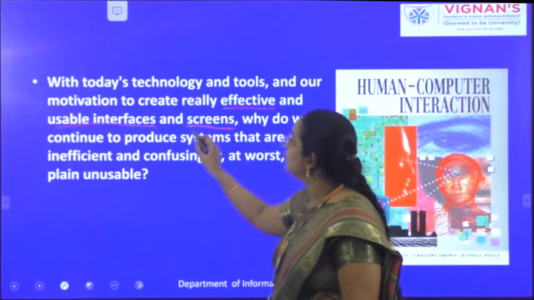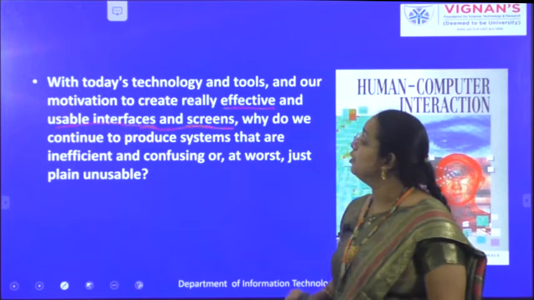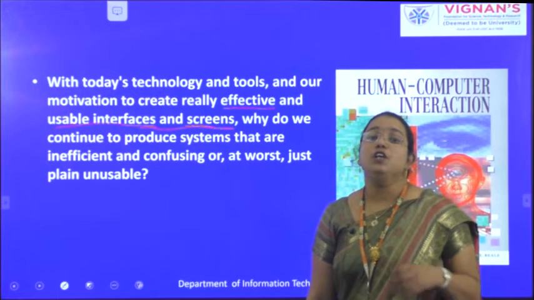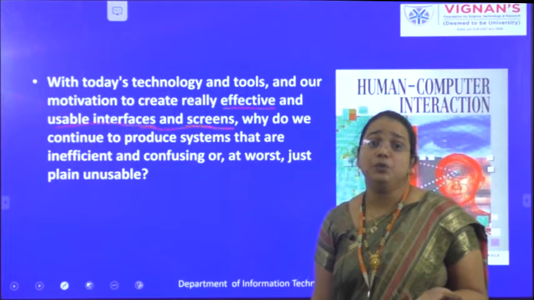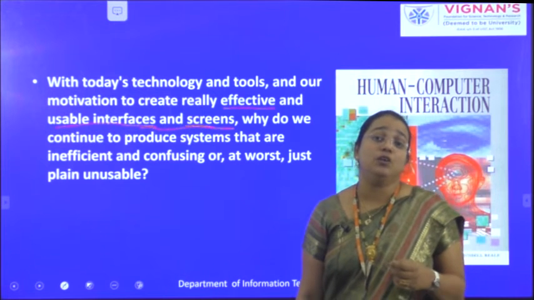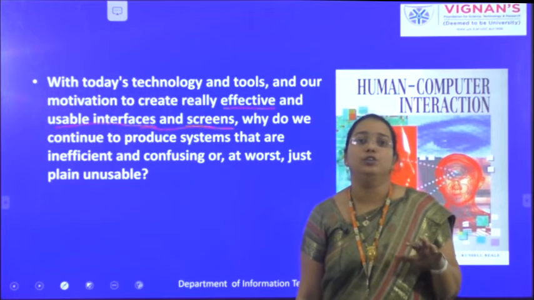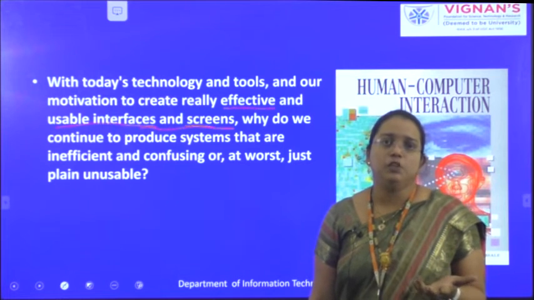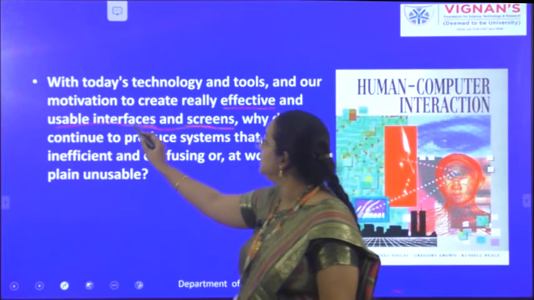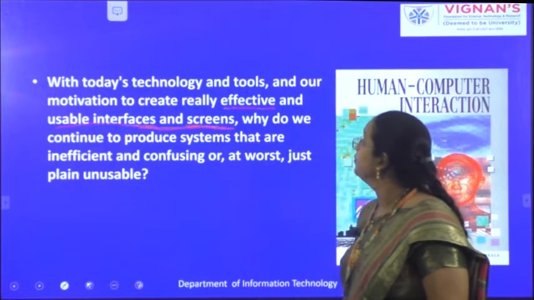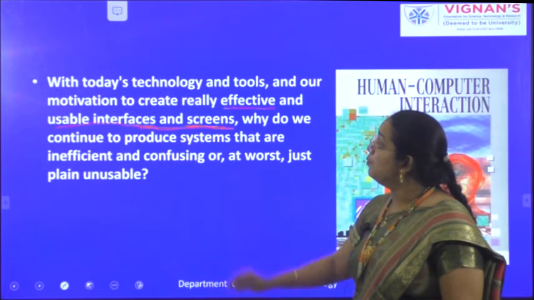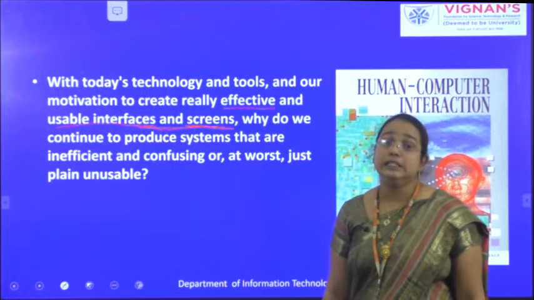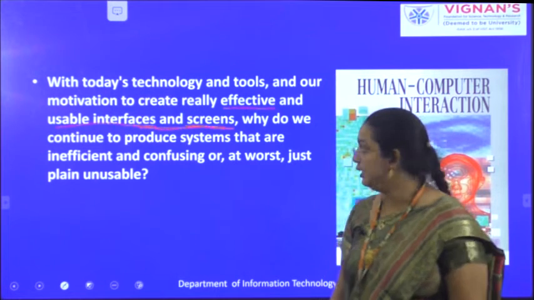Why? Because we are going to interact with the computer with the help of the screen. We are not going inside the computer and doing things inside. We are interacting with the computer with the help of these interfaces and screens. So our motivation is to create really effective and usable interfaces on screens.